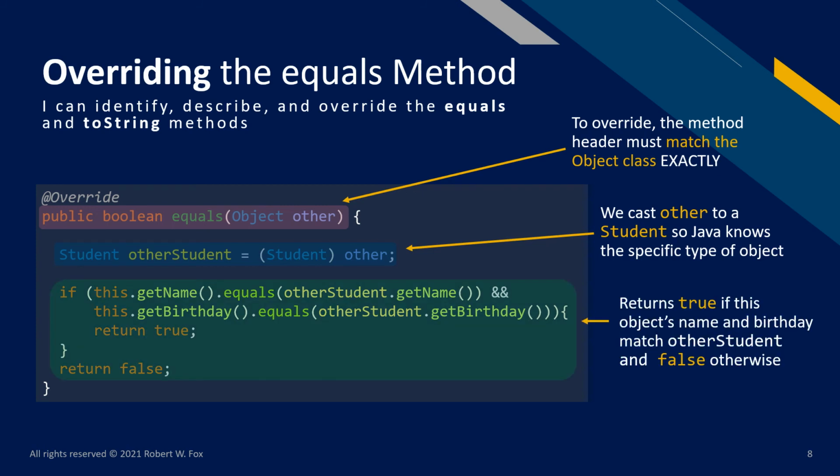Finally, we have our comparison. And this looks complicated, but actually all it does is it compares the name of the student in this object to the name of the student in the other object, and does the same thing with the birthday. So if two students have the same name and same birthday, we'll consider them equal and return true. Otherwise, we'll consider them not equal and return false.